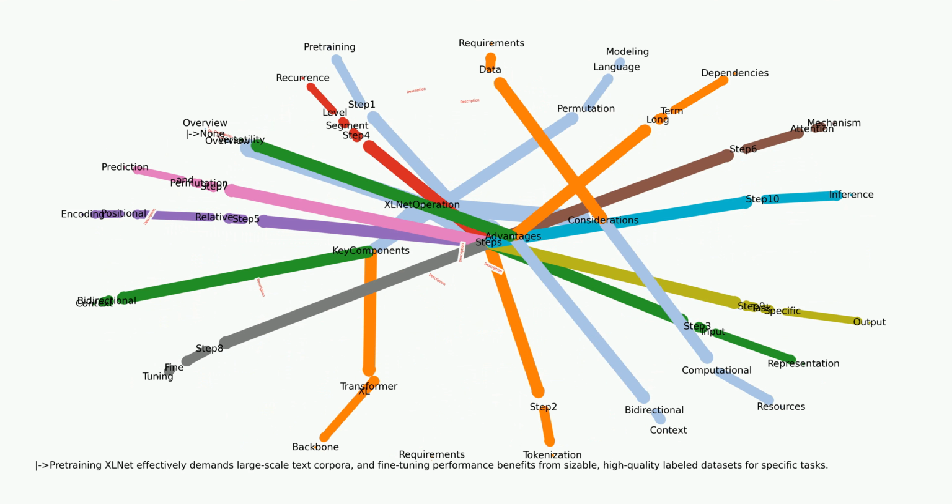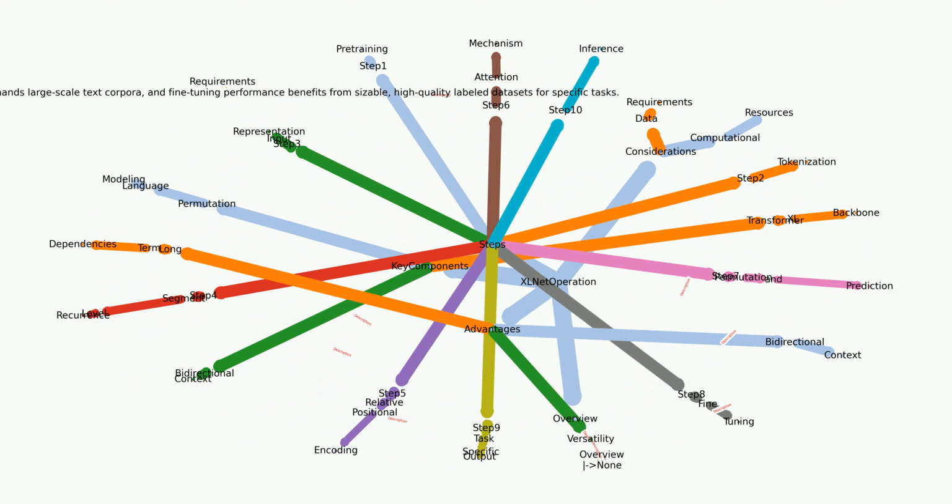Description: Segment-level recurrence and relative positional encoding enable XLNet to model long-term dependencies effectively, making it suitable for tasks involving lengthy texts. Versatility. Description: XLNet's pre-training method and architecture make it versatile for various NLP tasks, from classification and sentiment analysis to question answering and summarization.